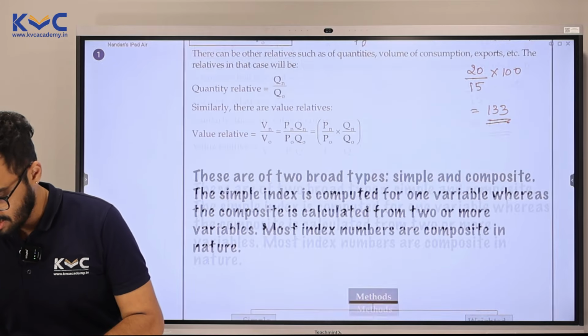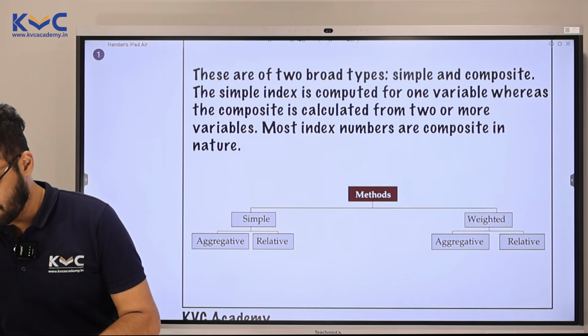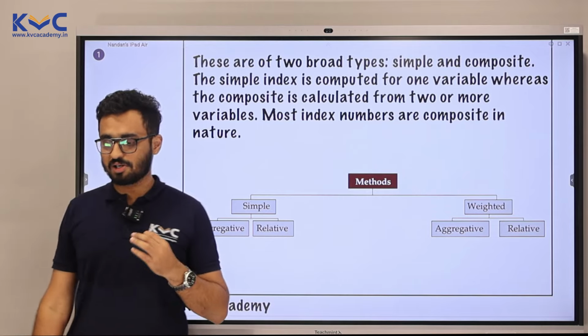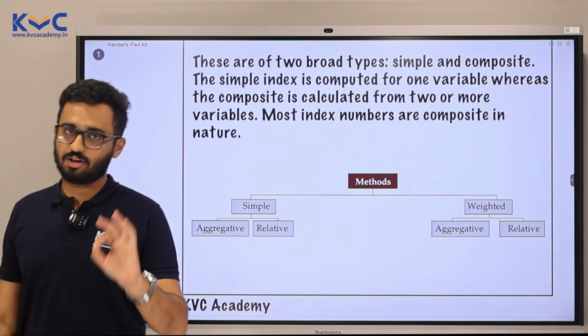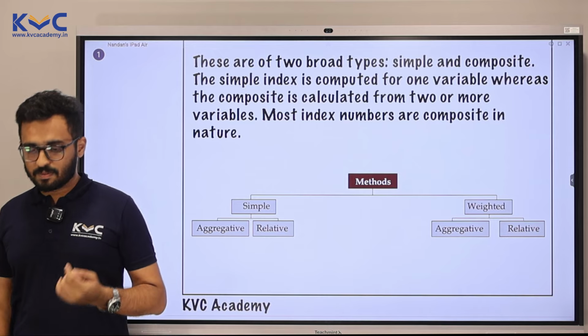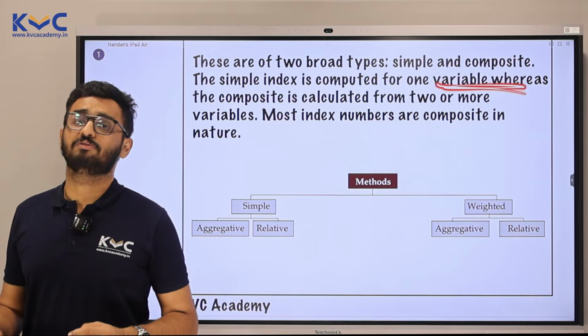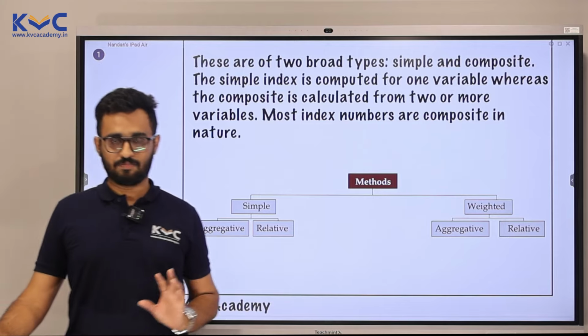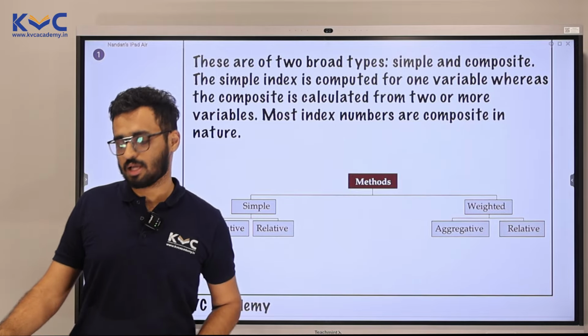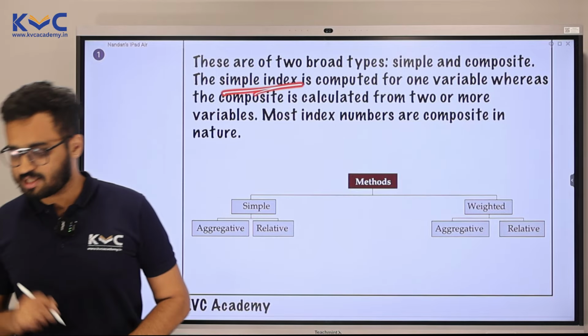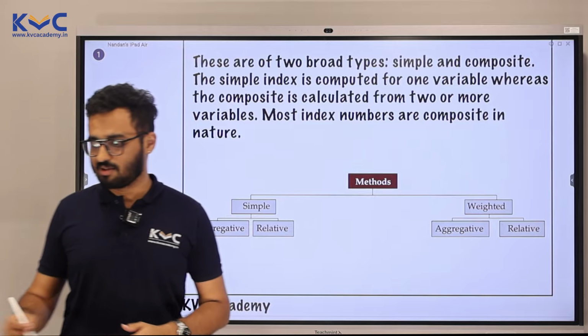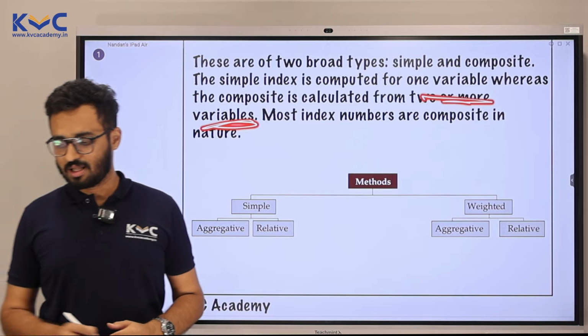Fantastic. Now, what are the types of index number? There are two broad types, simple and composite. The simple index number is computed for one variable, let's say price. Only for one variable, if we calculate, we call it simple index, whereas the composite is calculated from two or more variables.